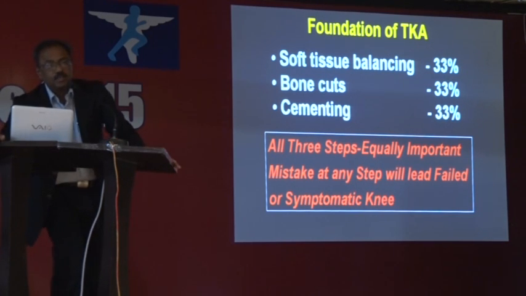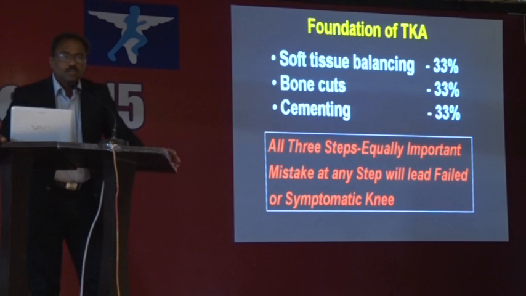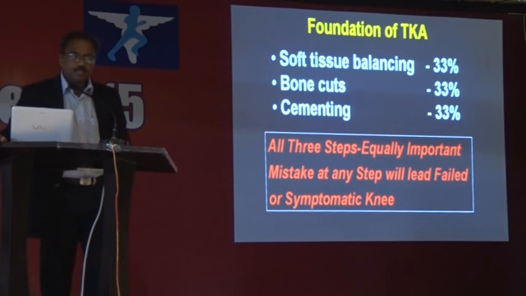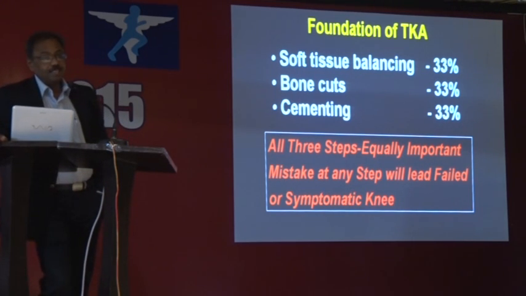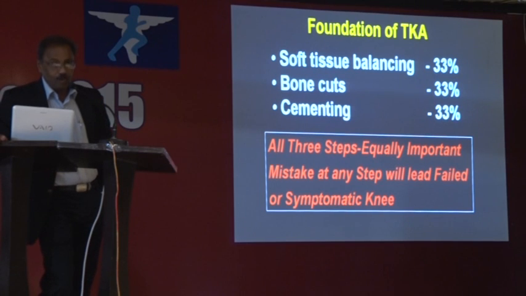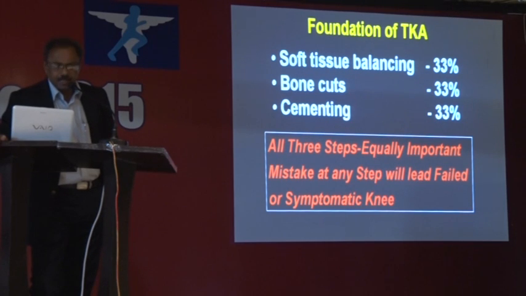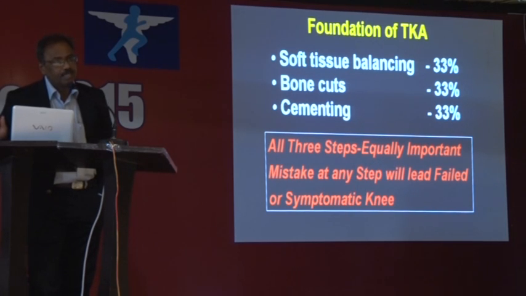Now, a very important question. People think that you take the bone cuts, put the implant in, and the knee will be fine. It is absolutely wrong. I have a classification; for me all three things are equally important. If you have taken a fantastic cut, fantastic balancing, but not a good cementing technique, especially on the tibial tray side, then the joint is bound to fail within 6 months, 1 year or 2 years. The benefit is wasted, you took good cuts and did good balancing. People do not do cementing carefully.